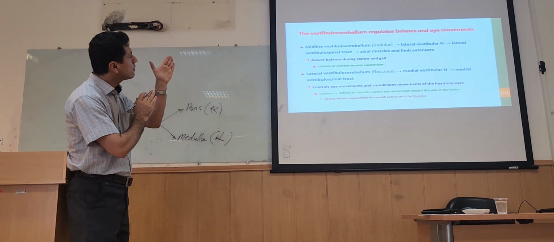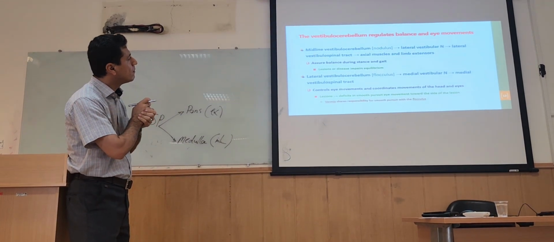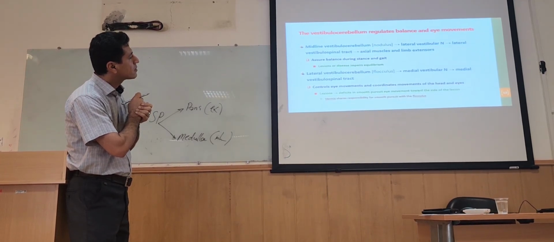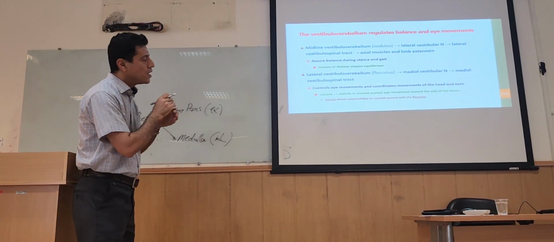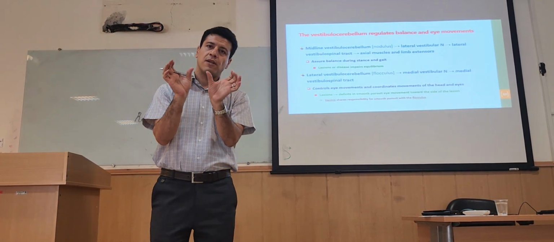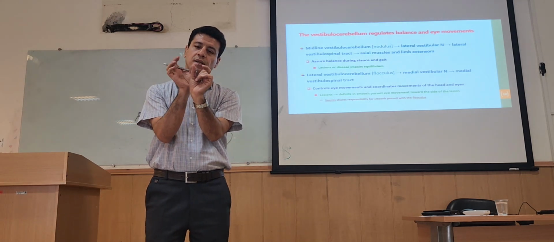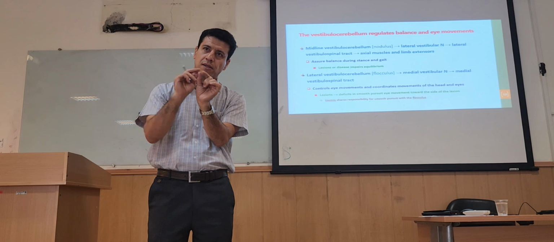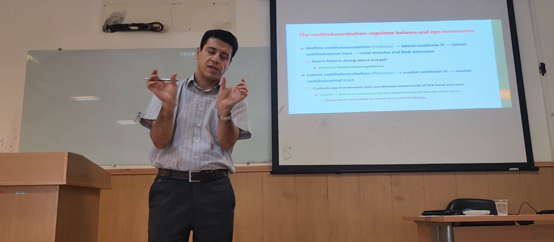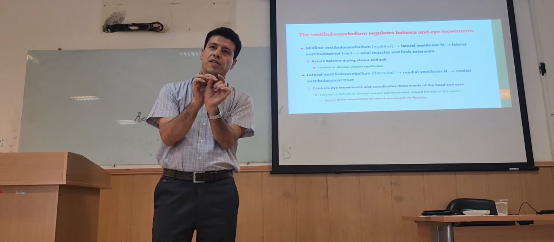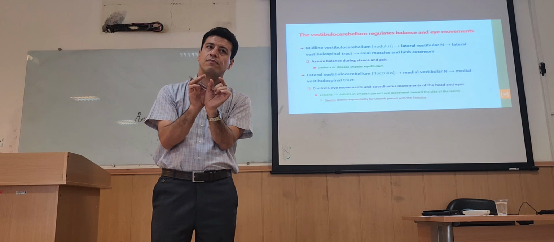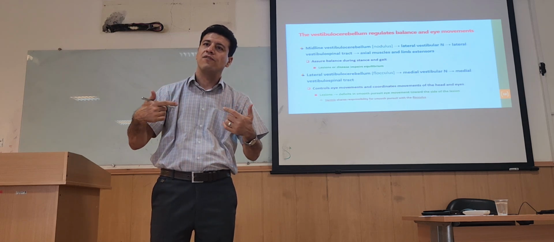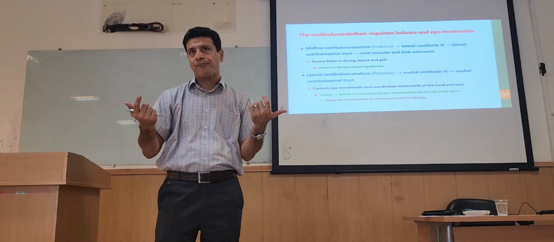So let's focus on vestibular cerebellum, which regulates balance and eye movement. So you know that vestibular cerebellum has two parts: nodulus, flocculus. Nodulus is part of the vermis, and we have flocculus, right? Nodulus is mainly involved in balance. Flocculus is mainly involved in eye movement. Okay?